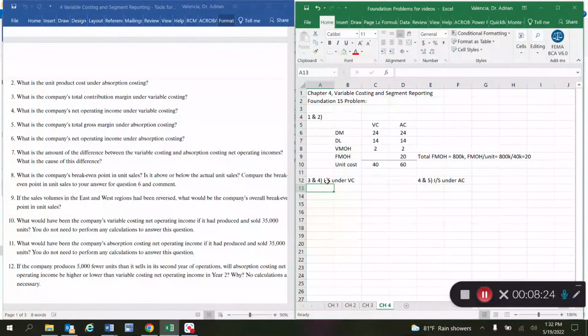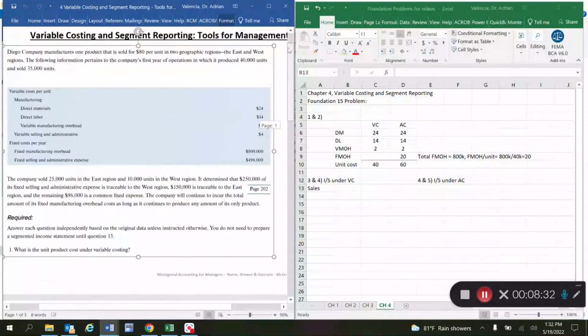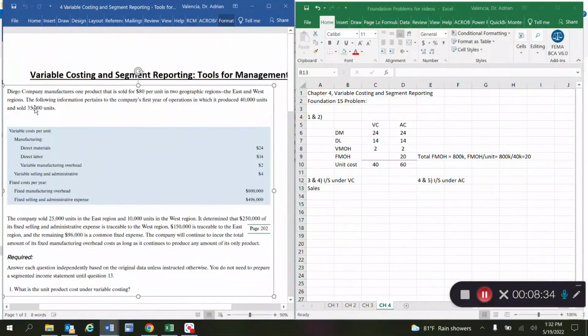Okay, so let's start off with sales here. We're told that we sell 35,000 units. So notice how now I'm going to use the 35,000 units for computing sales. And we sell each item for, let's see, where was that amount?